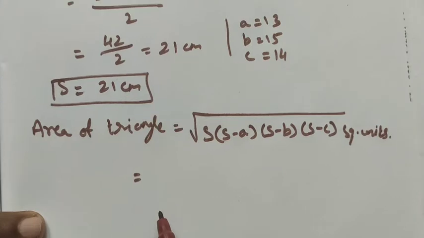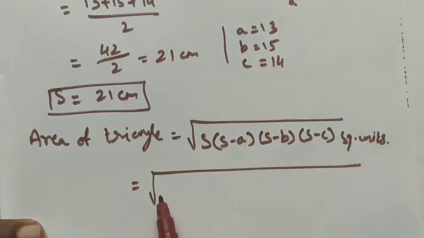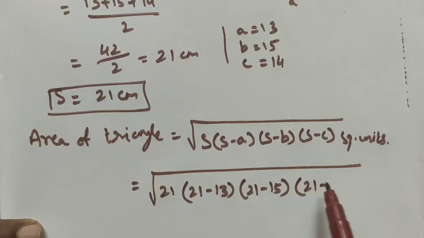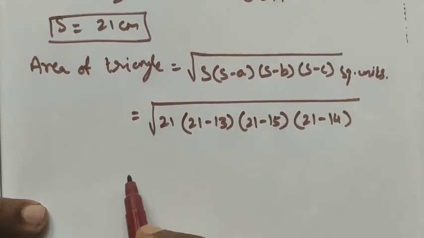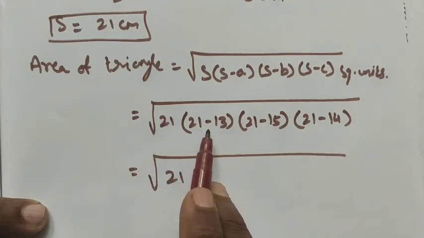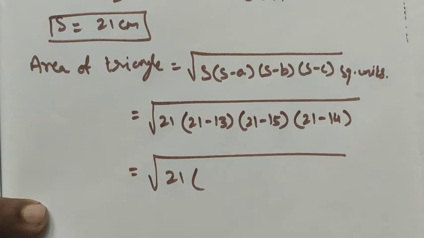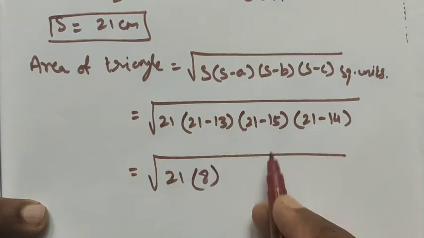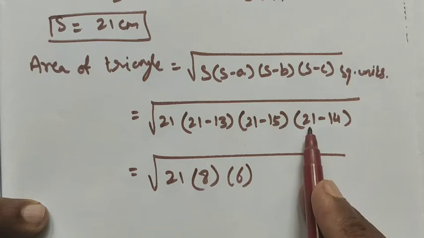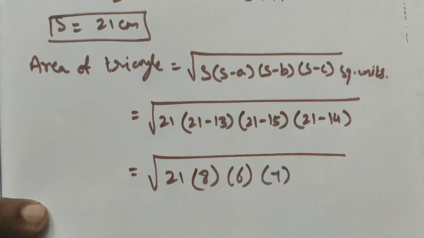Now this term is equal to root of 21 into 21 minus 13, 21 minus 15 and then 21 minus 14. Now simplify this. Root of 21, 21 minus 13 is equal to 8, 21 minus 15 is equal to 6, 21 minus 14 is equal to 7.